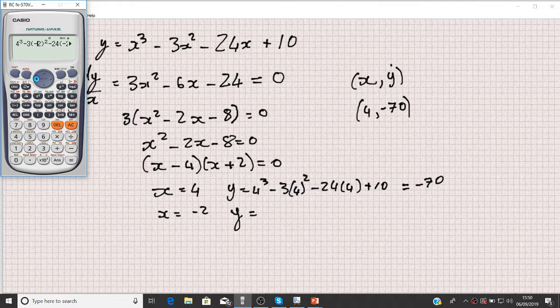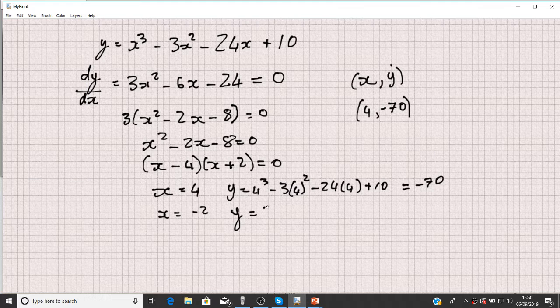And for the last one, I'll need to put brackets here to make sure I pick up the negative. Okay, so subbing in minus 2, I get a positive value of 38. So the other turning point is (-2, 38). So we've identified the coordinates of each of the turning points.